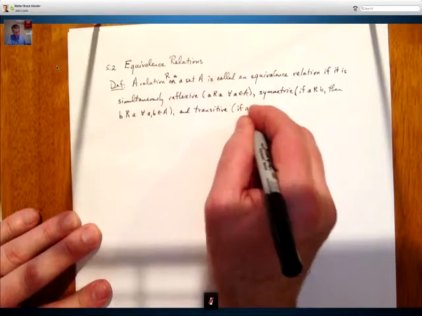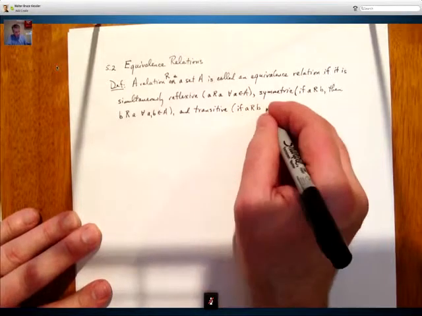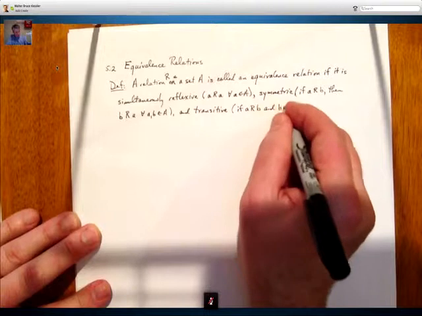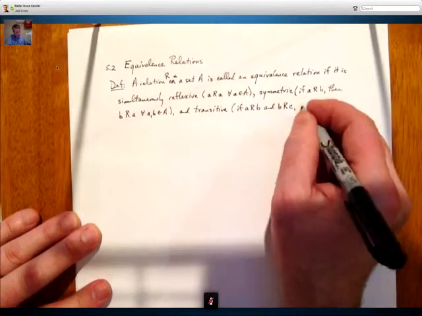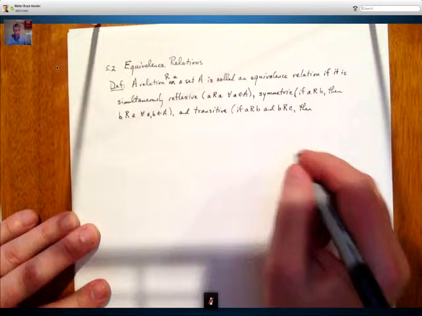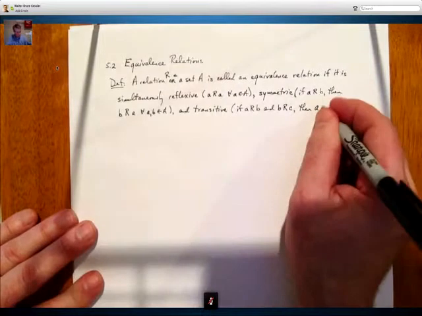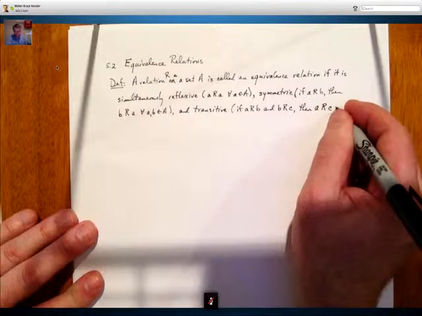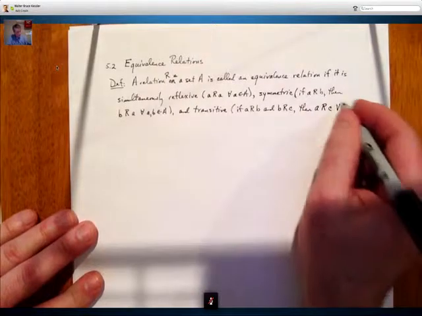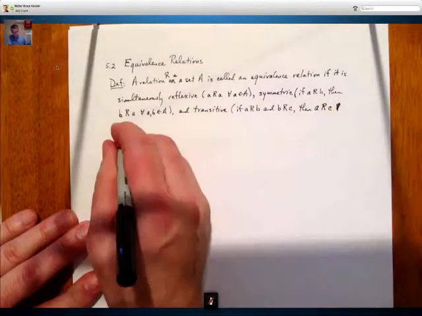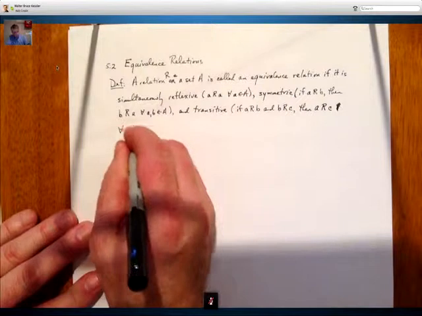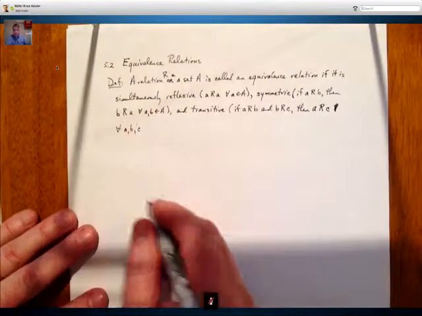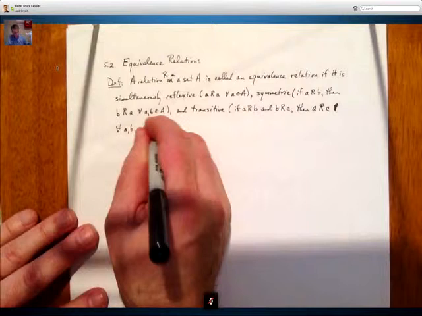And that means that if A is related to B and B is related to C, then A is related to C. And this is for all A, B, C in the set A.